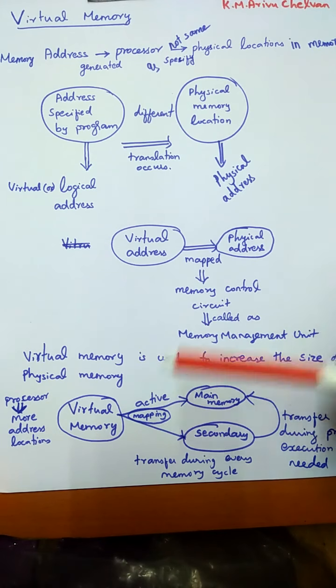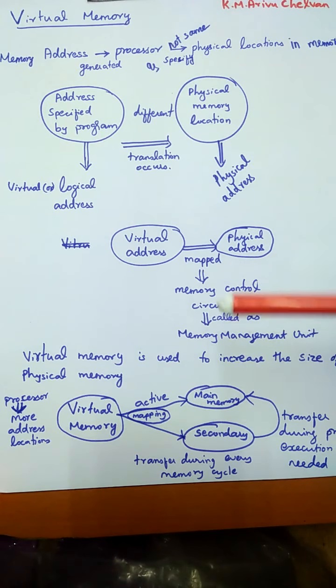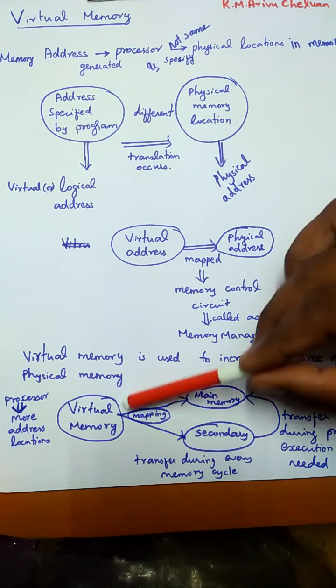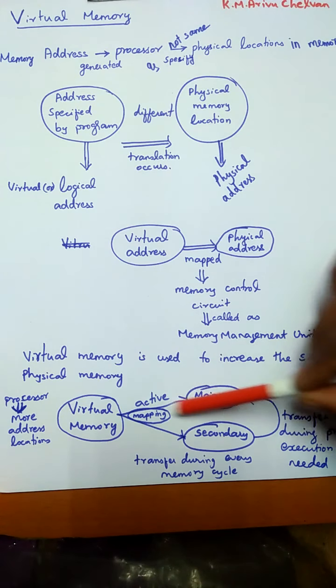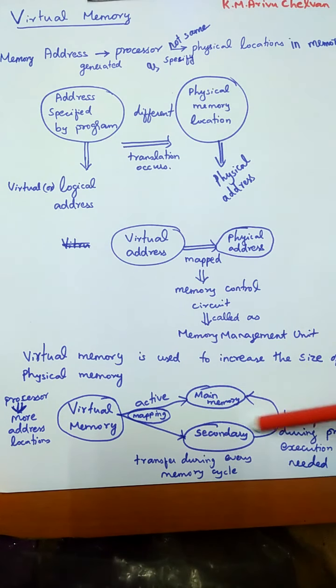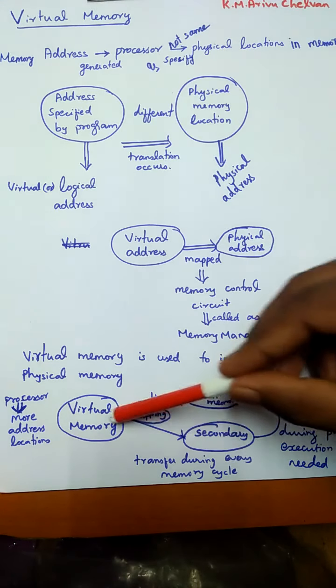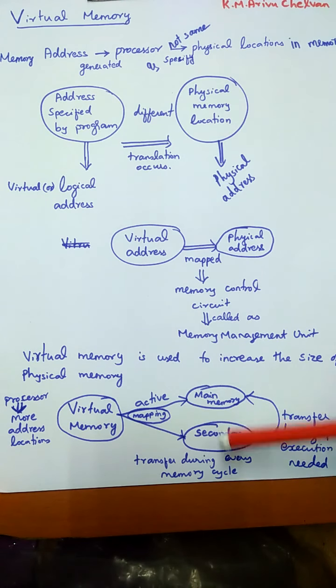Listen, a program may have n number of lines. Some lines are active, and those will be in your main memory. Few of them are in secondary memory because main memory size may not be enough for holding all data. In that case, some data will be placed in secondary memory. Those references are mapped by the virtual memory.